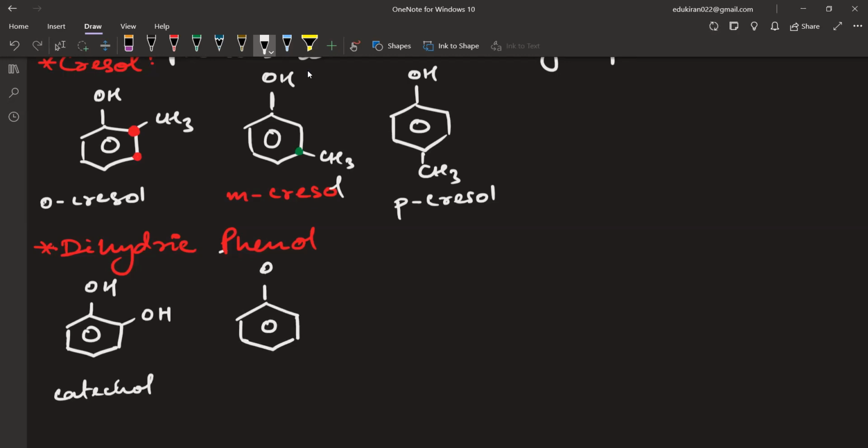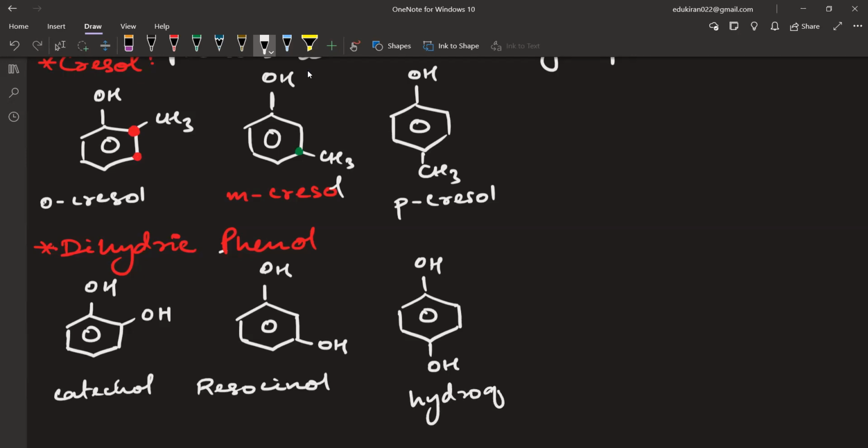If the OHs are in the meta position, then it is known as resorcinol. And if the OHs are in the para position, then it is known as hydroquinone, or quinol.